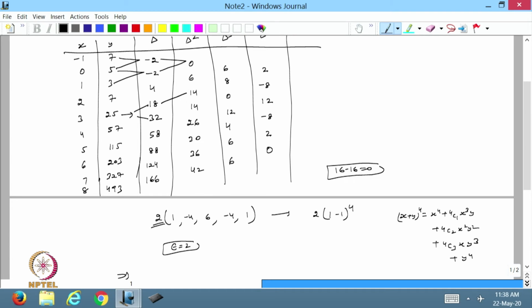So, this goes here and then this goes here, then it will go this way, like this way. So, that is my error.